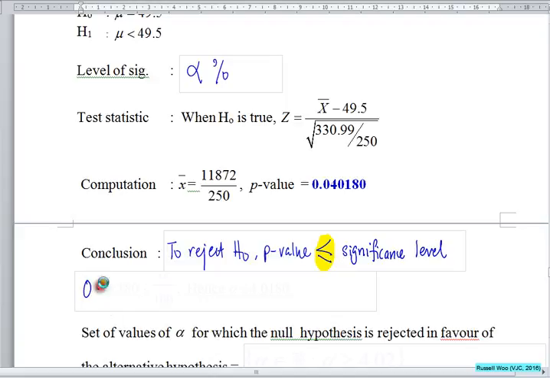Therefore, 0.040180 must be smaller than or equal to the significance level. But we must compare apple to apple. Because the question says alpha percent, I cannot compare this directly with alpha, because alpha percent is actually alpha over 100.